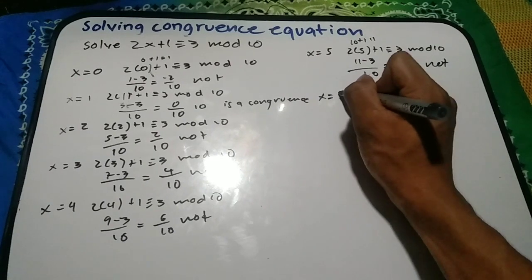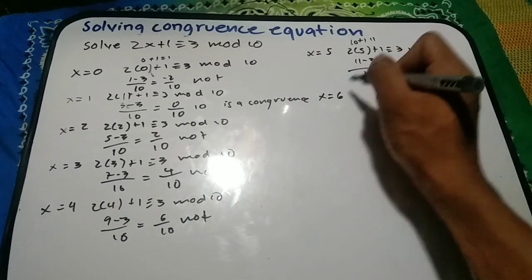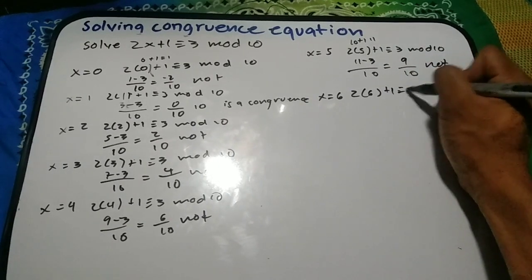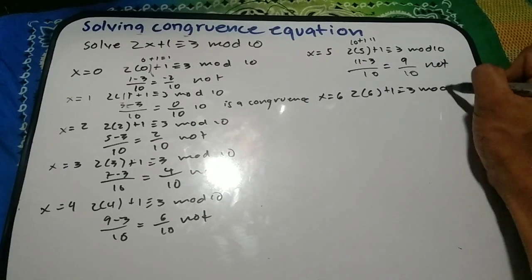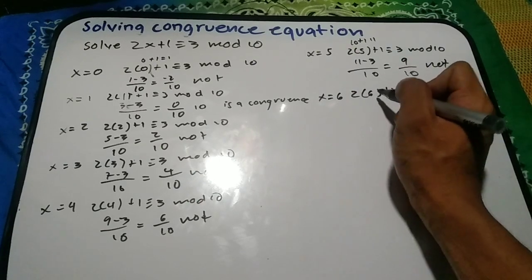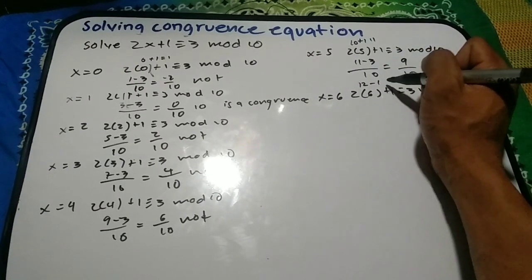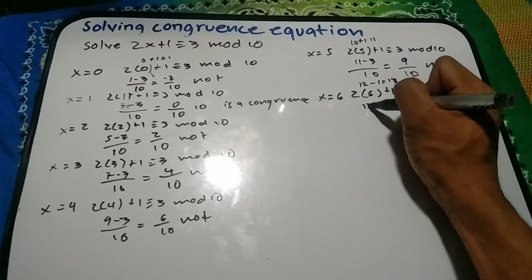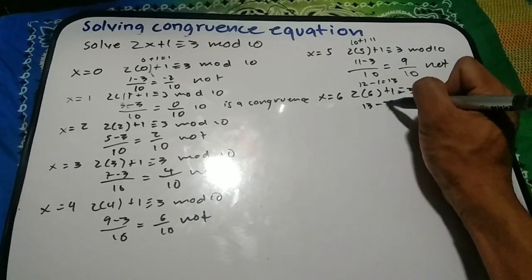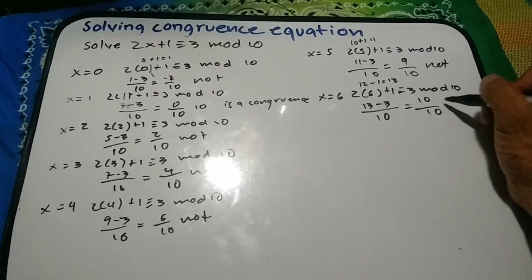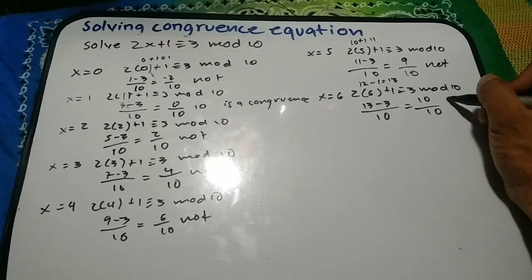So if x is equal to 6, 2 times 6 plus 1 congruent to 3 mod 10. 2 times 6 is 12, plus 1 is 13. 13 minus 3 over 10 is equal to 10 over 10, which is equal to 1.